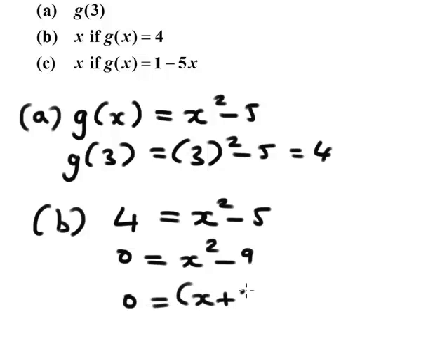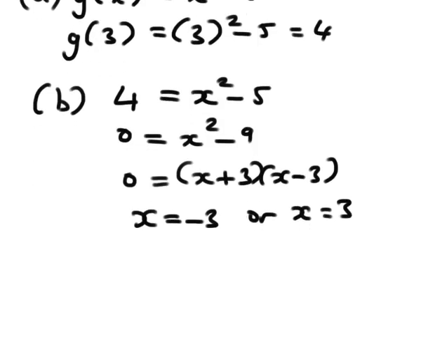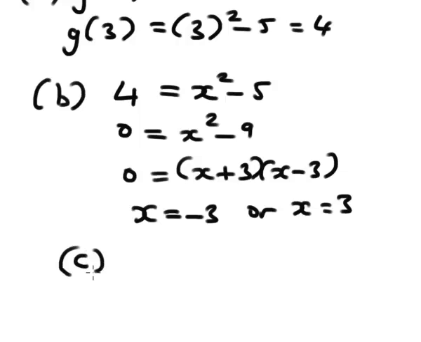And guess what, grade 10s? It's a difference of 2 squares. There we go. So x is equal to negative 3 or x equals 3. Cool. Okay. And then C, it said there that g(x) is going to be 1 minus 5x.